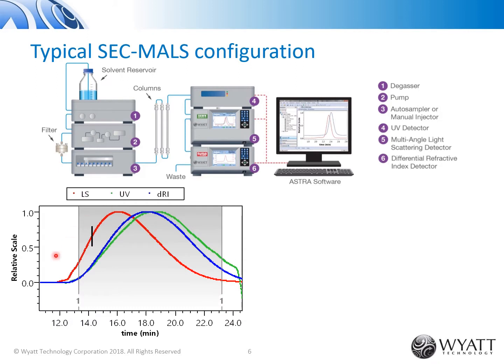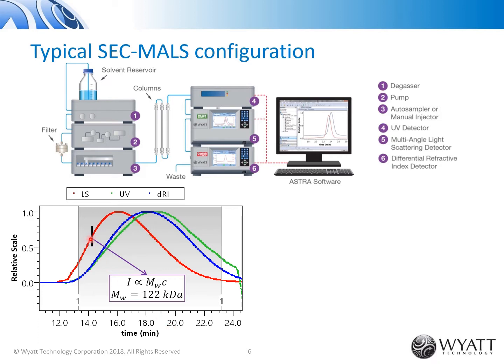So here's a typical chromatogram. We can see the light scattering intensity here in red and our two concentration measurements here, the UV and the RI. At each eluting data point, like this one, we combine the light scattering intensity and the concentration to give a weight average molar mass.